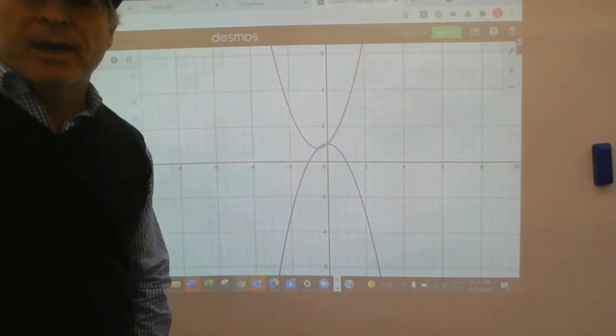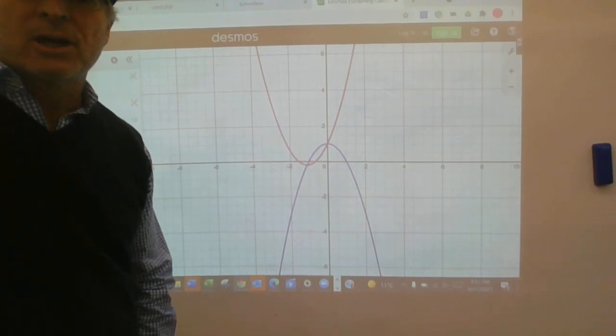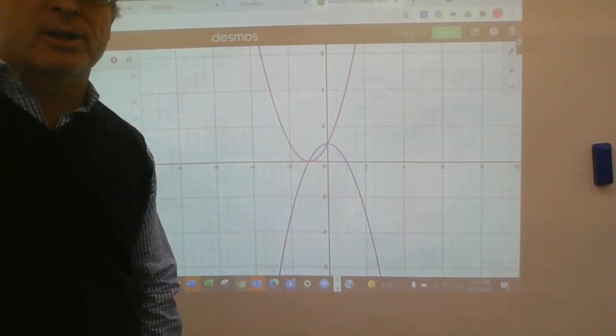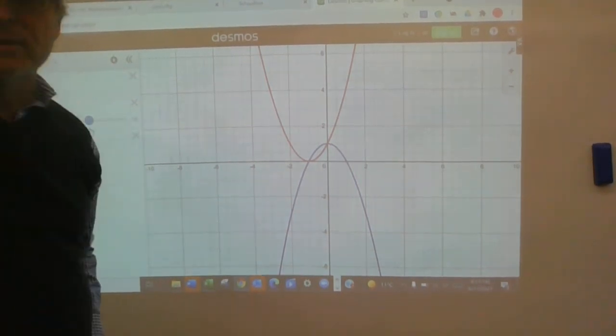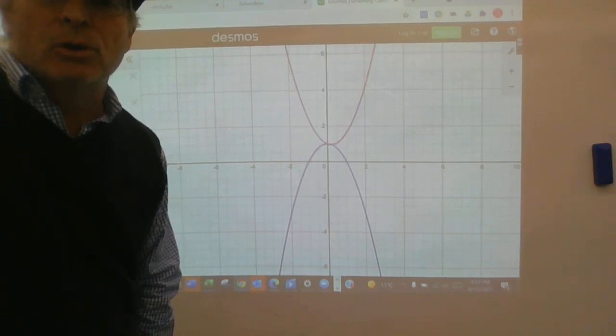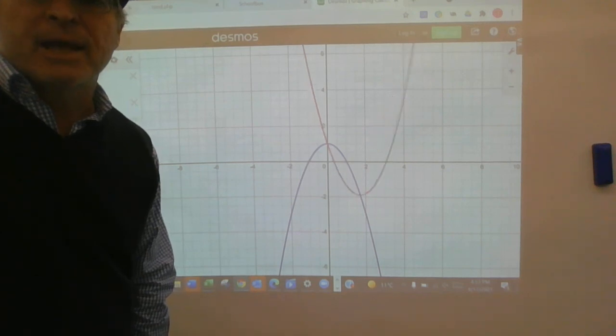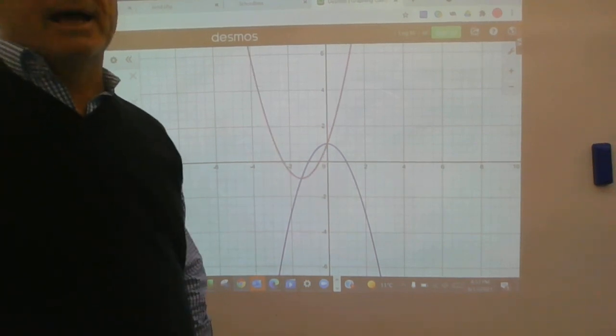As soon as you get to here, it's going under the axis and it's got 2 solutions or 1 solution there. That's where P equals 4, P equals 2, P equals 0. But when P is any other value bigger or less than that, it's under the axis.